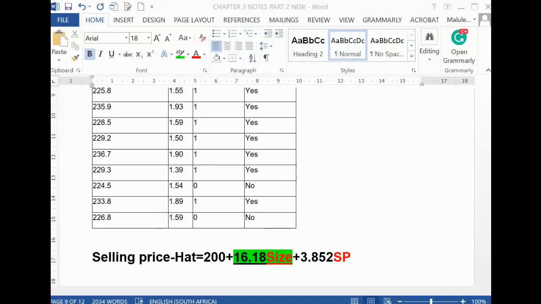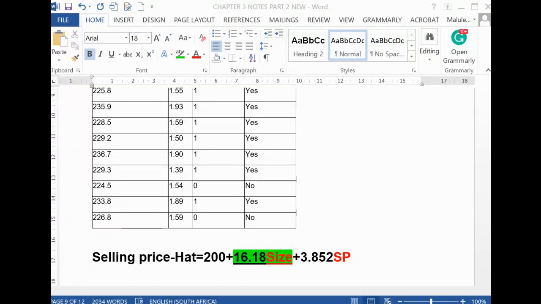So you will say, holding constant the effect of the size of the house, a house which is having a swimming pool is expected to cost $3.852 thousand compared to the house without a swimming pool.